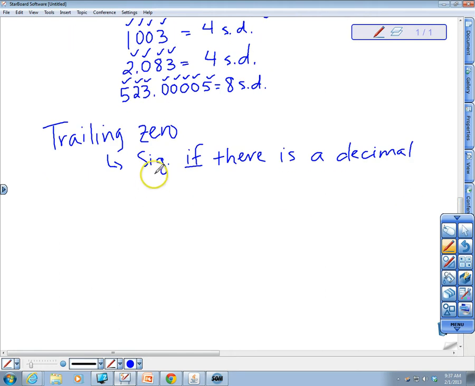So 2.0830: all the non-zeros, the embedded 0, and the trailing 0, because there's a decimal, are all significant. 1, 2, 3, 4, 5. 5 significant digits. 1,000, if there is a decimal written behind it: 1, 2, 3, 4 significant digits.